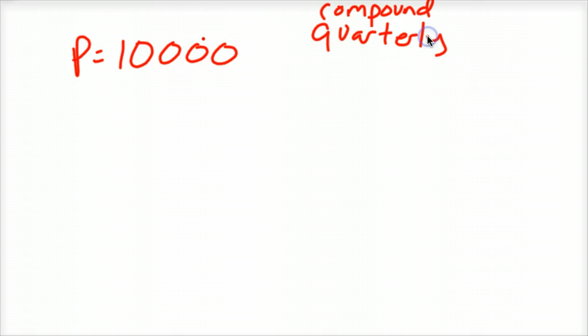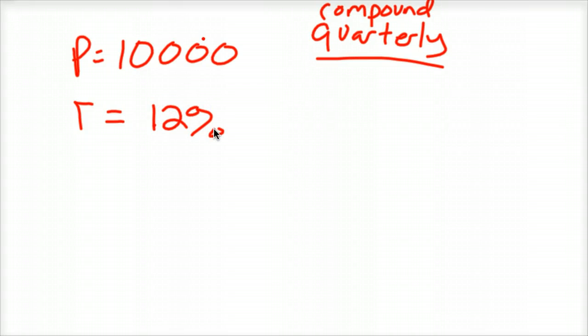So we've got $10,000 for principal. I said we're going to compound quarterly. The last one was compound annually. And like I say, most banks will compound quarterly, at least here in the United States. I don't know anywhere else. R is your rate of growth, and we'll keep the 12% because that's just kind of a nice number.